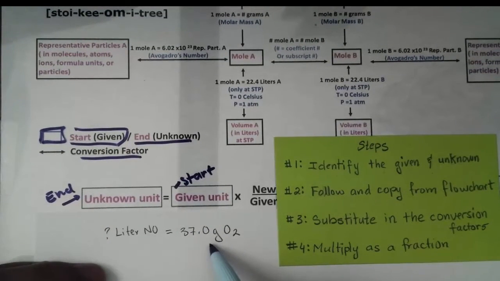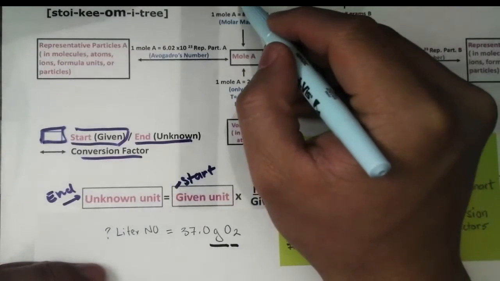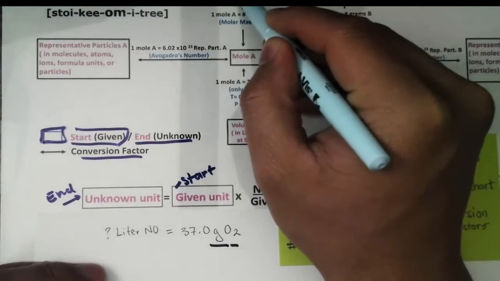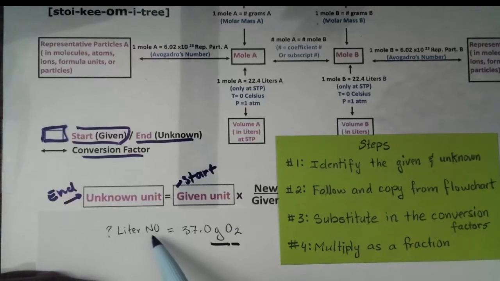It is defined by the unit grams and the chemical O2. And again, we always start on side A, so we're looking for gram. Gram is a unit of mass, so this is where we start. After we know where we start, we need to look for where we are going to end. In this case, we are going to stop at liters of NO.